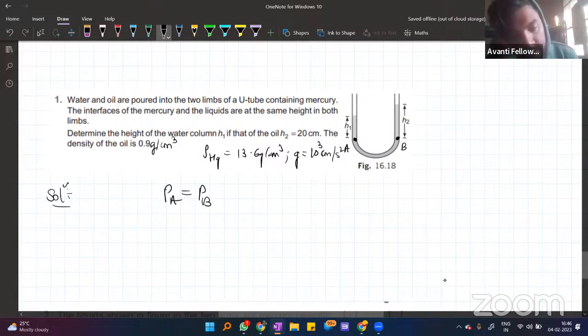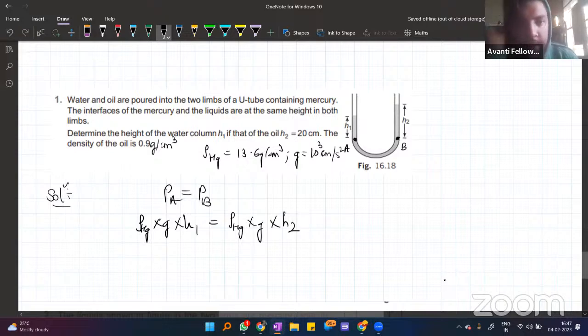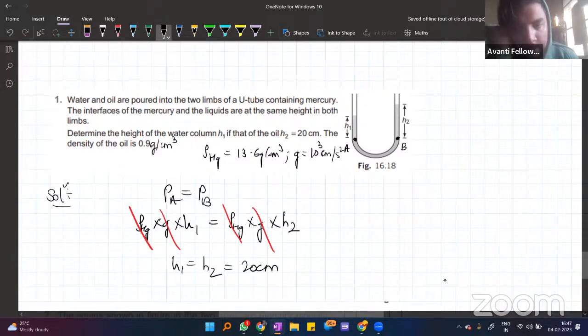This will be equal to rho of mercury into G into height H1 will be equal to rho of mercury into G into height H2. So what we are left with, everything will get cancelled out. Rho of Hg, G, rho of Hg, G, height 1 will be equal to height 2. That means it is equal to 20 centimeter.